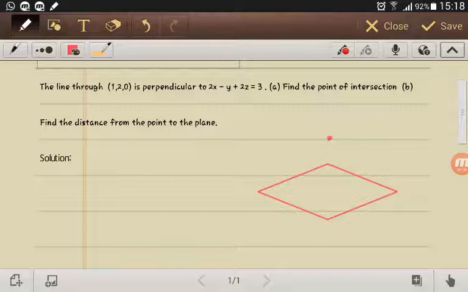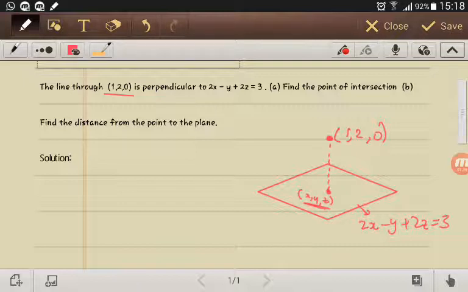Let's have our point here, and then we have this distance, and then we have a point here. If we name this x, y and z, then this point is (1, 2, 0), and the plane is given by 2x minus y plus 2z equal to 3. Okay, fine. So they want us to find this point.